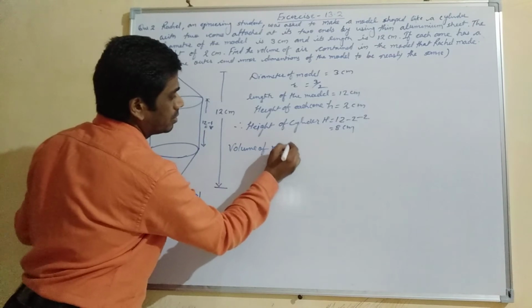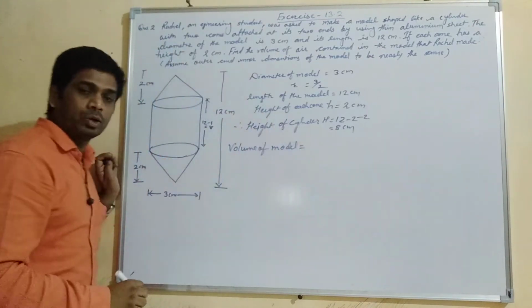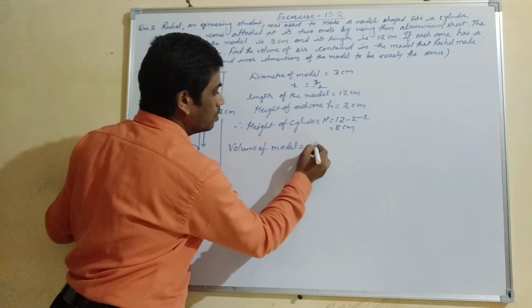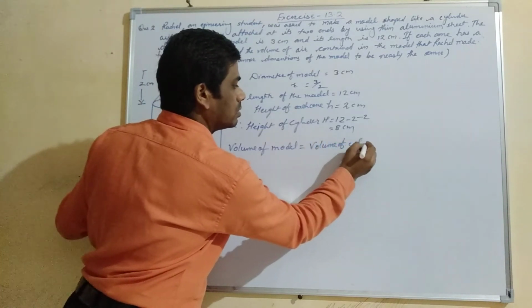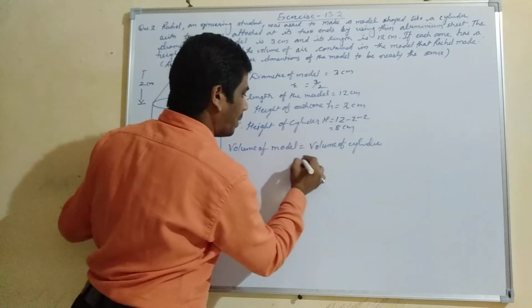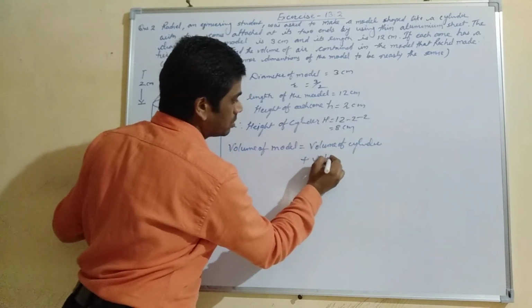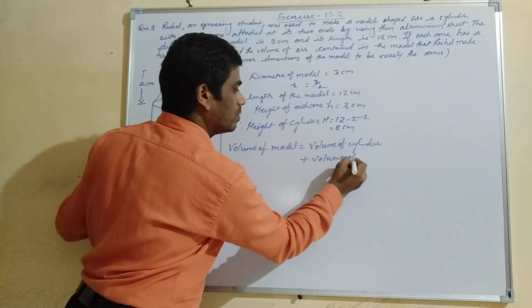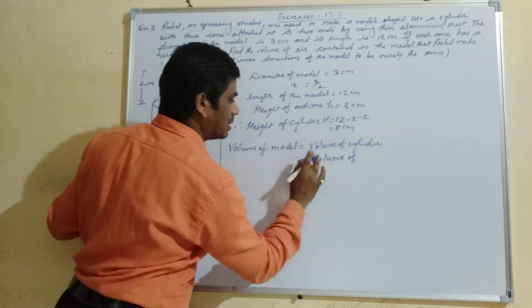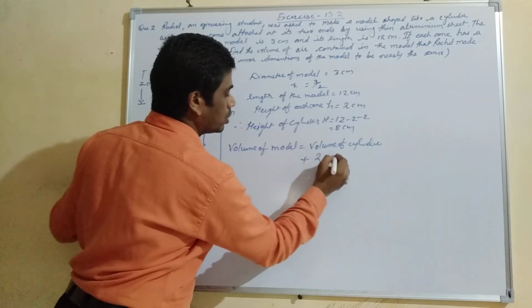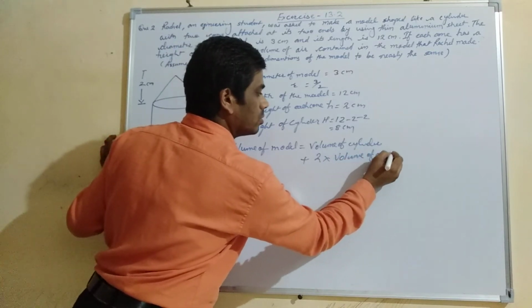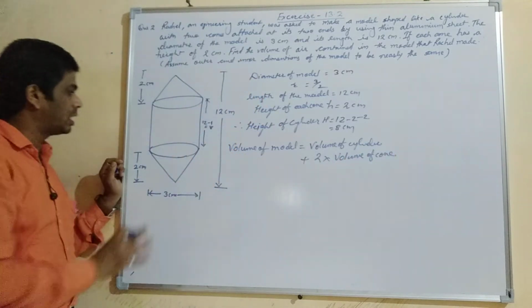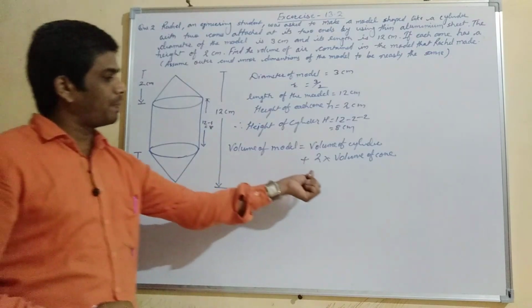Okay, now we have to find the volume of the model, and that will be equal to the volume of a cylinder plus 2 times the volume of a cone, because they are the same size, so we can multiply by 2.